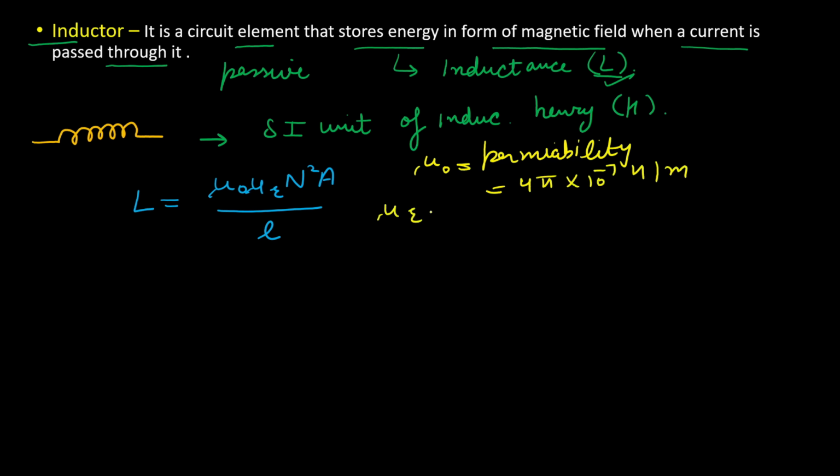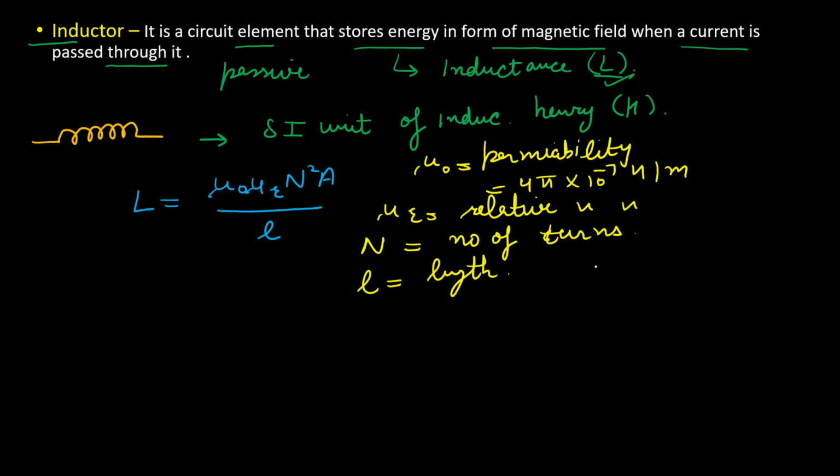Mu R is the relative permeability. N is the number of turns of the coil, or inductor, L is the length of the inductor, and A is its cross-sectional area. This is an important expression and you need to remember it.